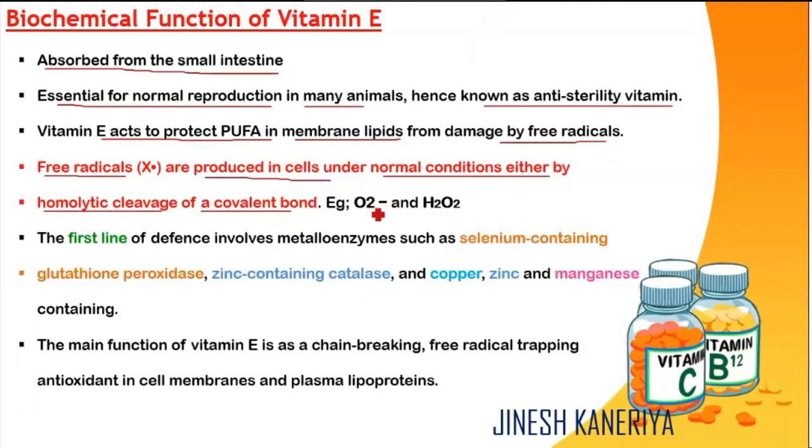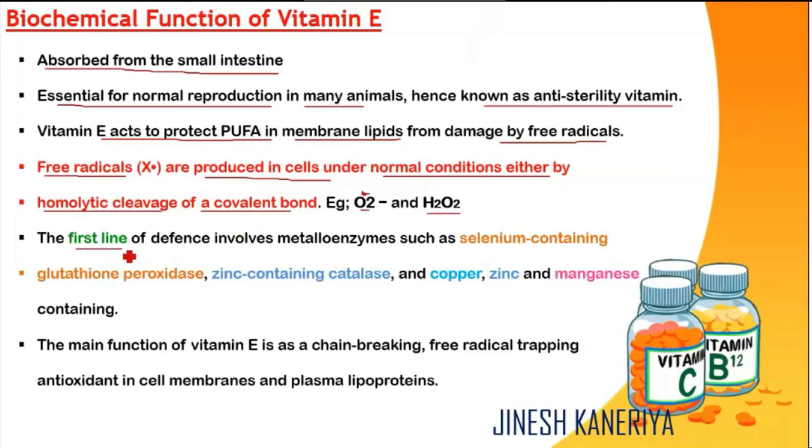So oxygen or H2O2 free radicals form, not the normal form of oxygen, but released from the chemical structure as an oxygen form or hydrogen peroxide. These are examples of free radicals. They directly interact with the phospholipid bilayer of the cell and then it is destroyed.